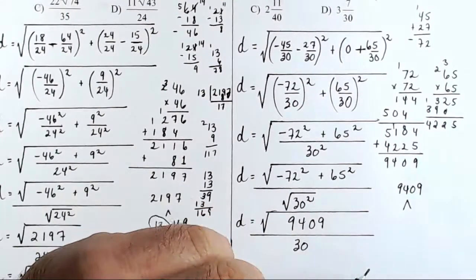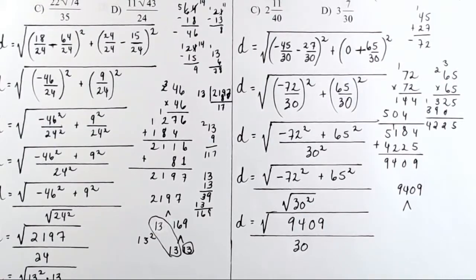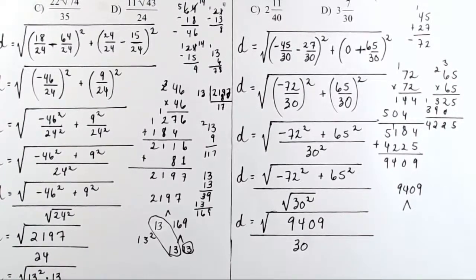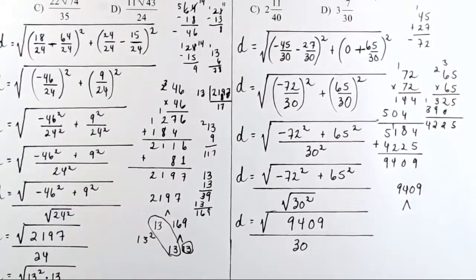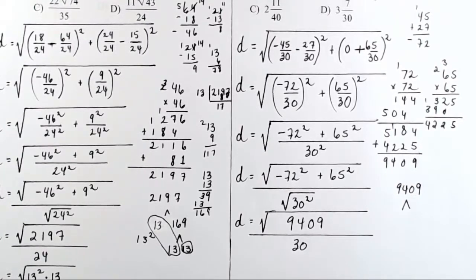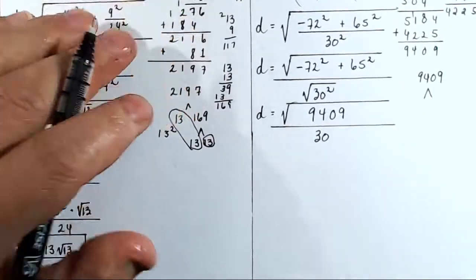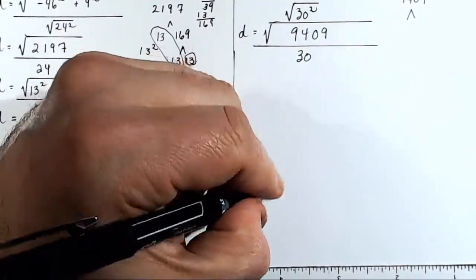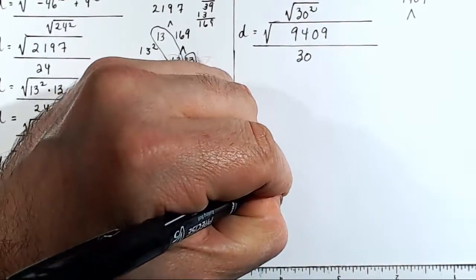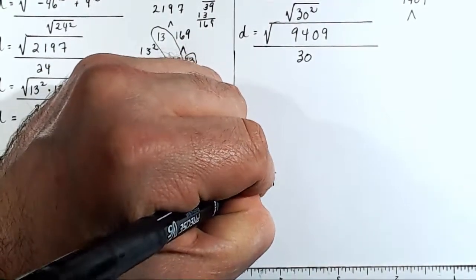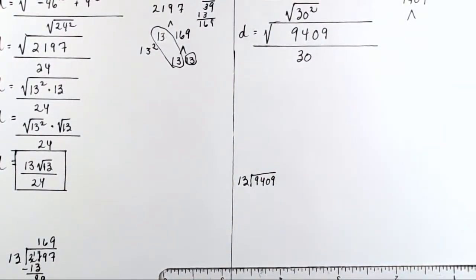Well, let's see if it's divisible by 3. 9 plus 4 is 13. 13 plus 9 is 22. So it's not divisible by 3. Let's see if it's divisible by, it's going to be a big number. See if it's divisible by 13. I'll do it over here. 9,409 by 13. 13 goes into 94.